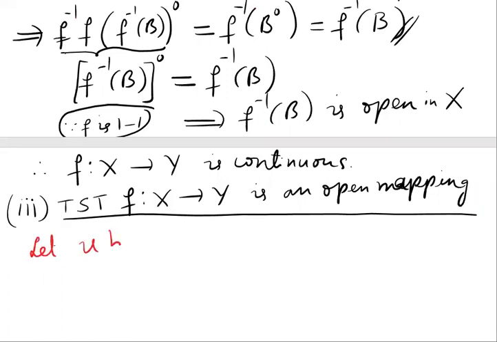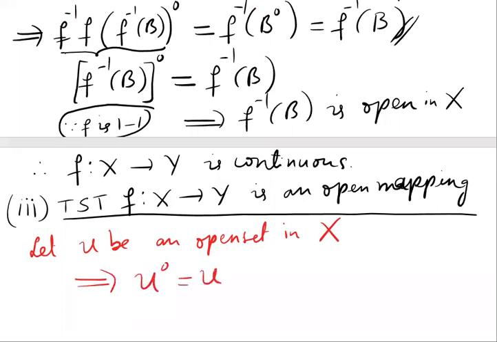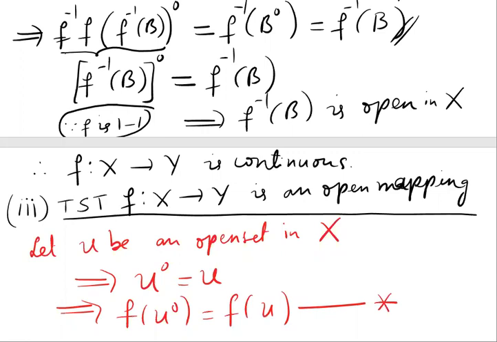Let U be an open set in the domain X. Since U is open set, what is U interior? It is U. Take the images now. F of U interior is equal to F of U. Okay, we'll call this star, or equation 1, whatever it is.